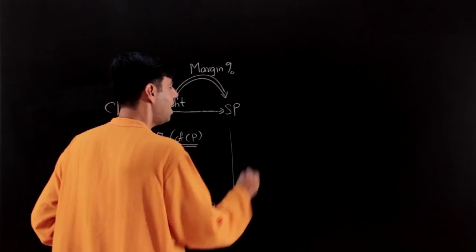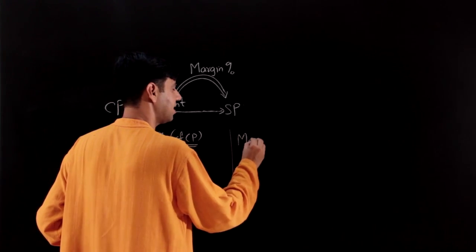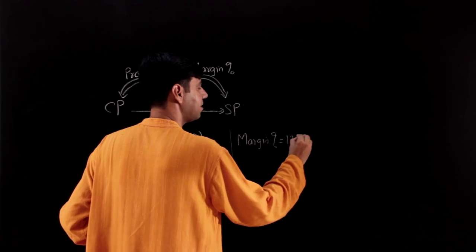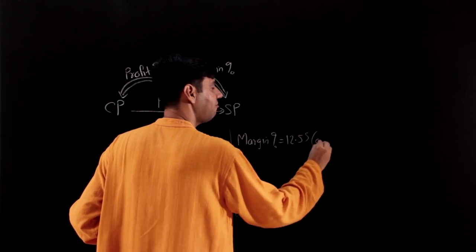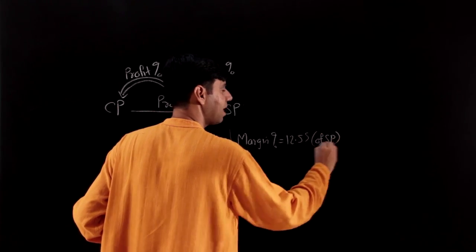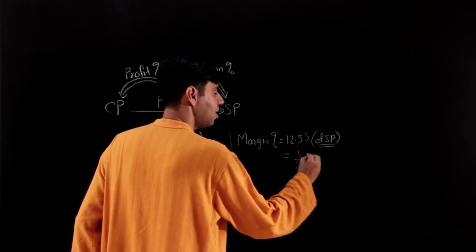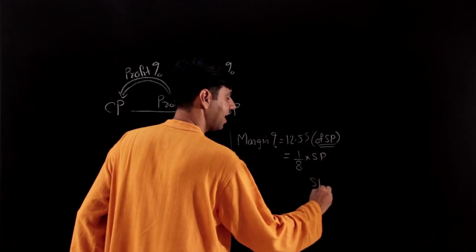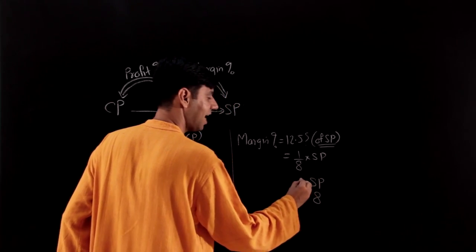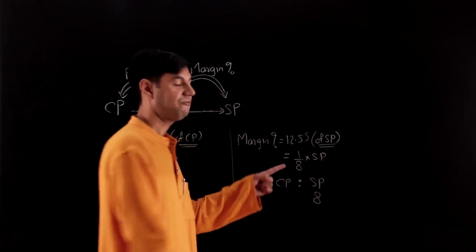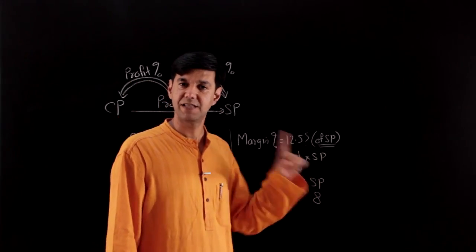Let's do the reverse way. Let's say I know my margin percentage. My margin percentage is 12.5%. 12.5% of what? Of the selling price. So my base is the selling price now. So 1/8 of selling price. So I will start with the selling price. If the selling price was 8, the profit was 1/8 of 8, that is 1.